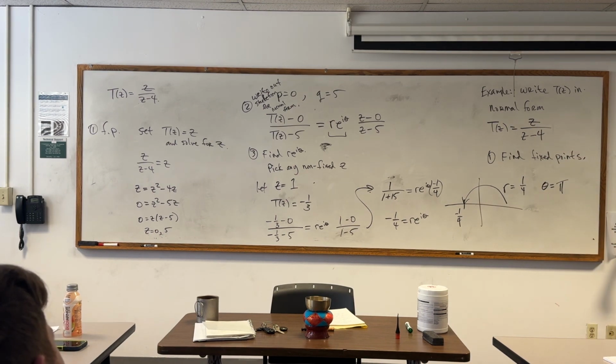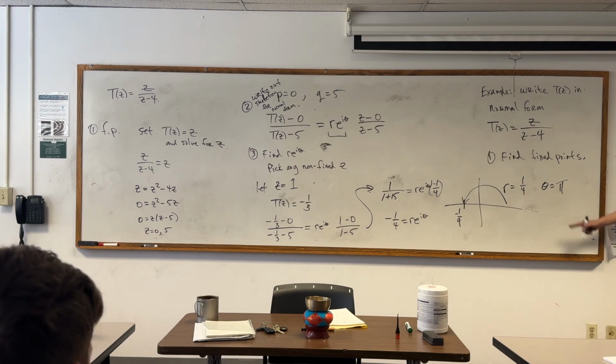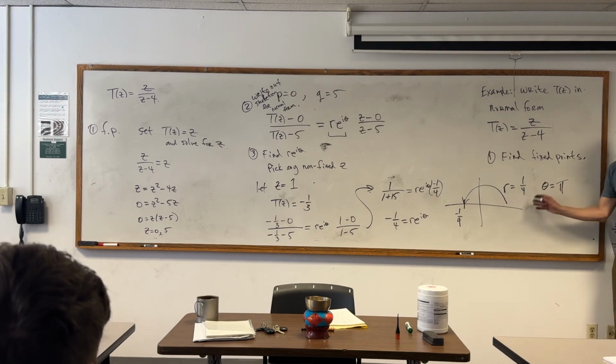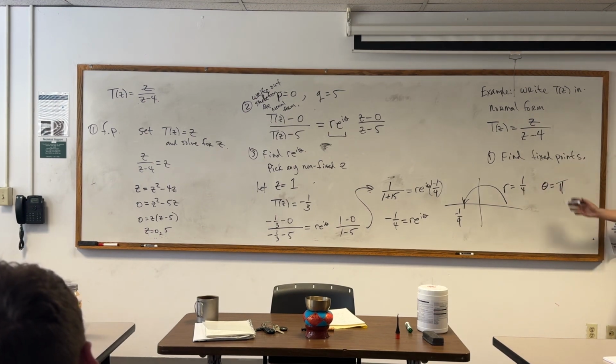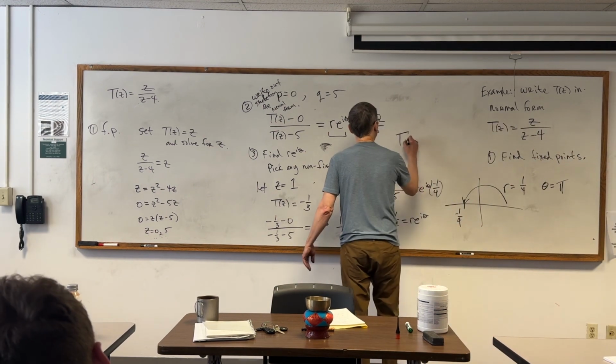Classify it. What is it? Elliptic, hyperbolic, loxodromic. Loxodromic. That is loxodromic as hell. Yeah. There's some scaling, there's some rotation. So T is loxodromic.